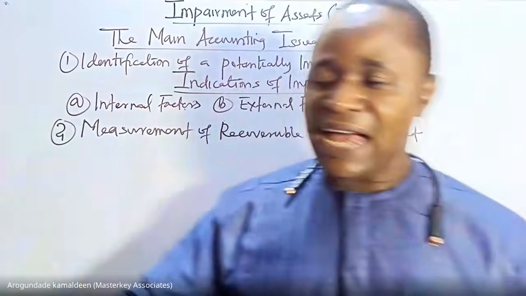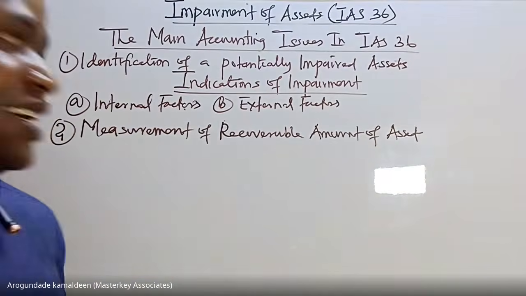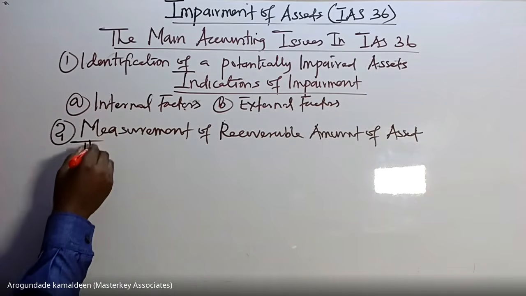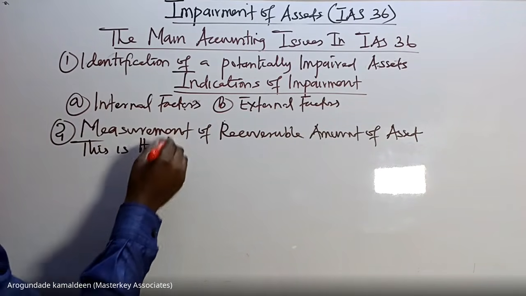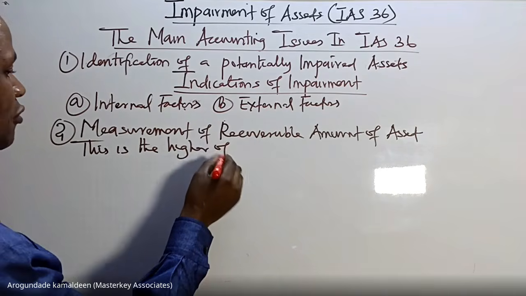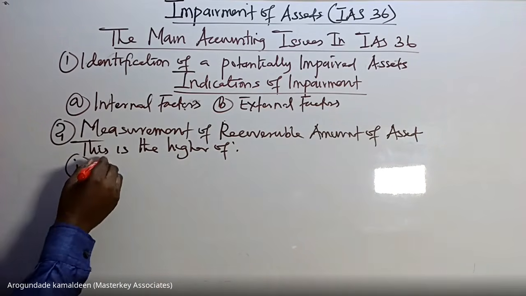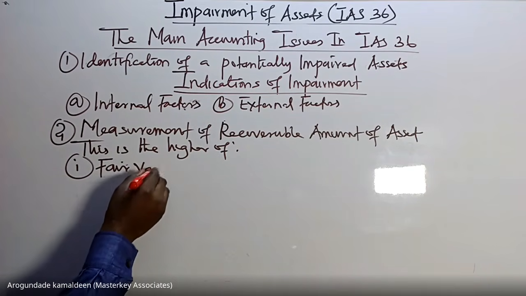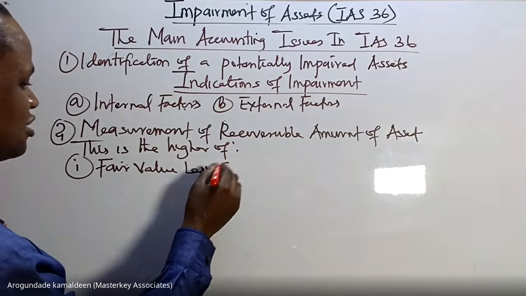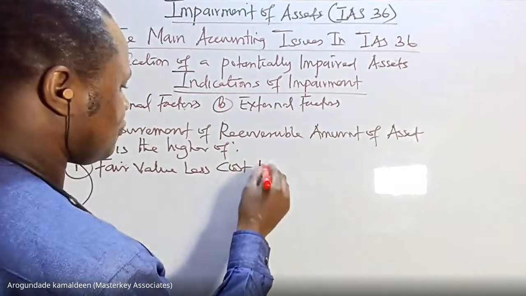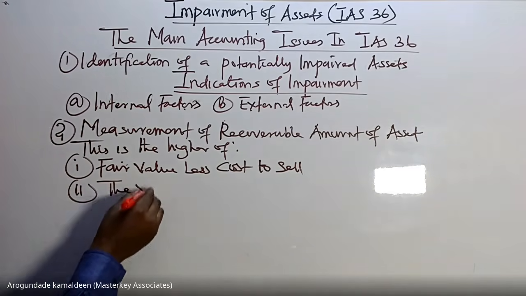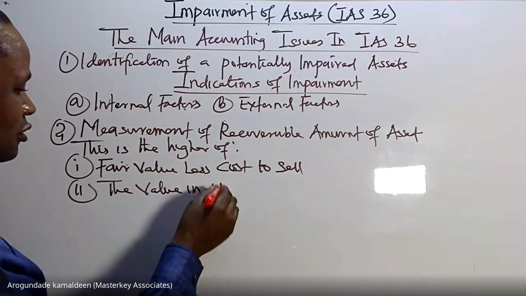Exactly. Now, IAS 36 says that the recoverable amount is the higher of one, the fair value less cost to sell, and two, the value in use.